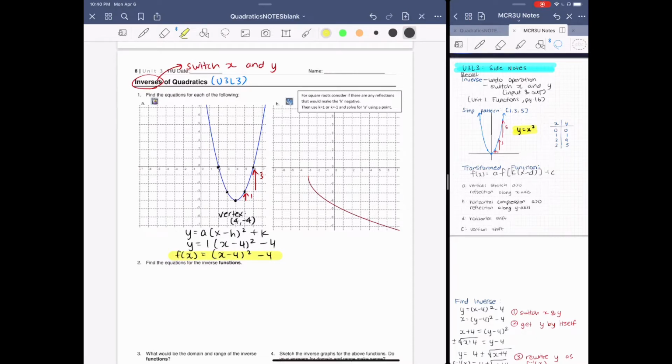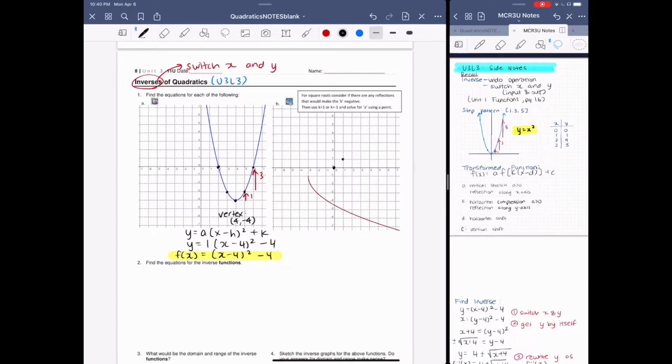For question 1b, what kind of function is it? What would the parent function look like? Recall that from the function unit. You should notice that the parent function is y equals square root of x. So it's good to know what the parent function looks like.